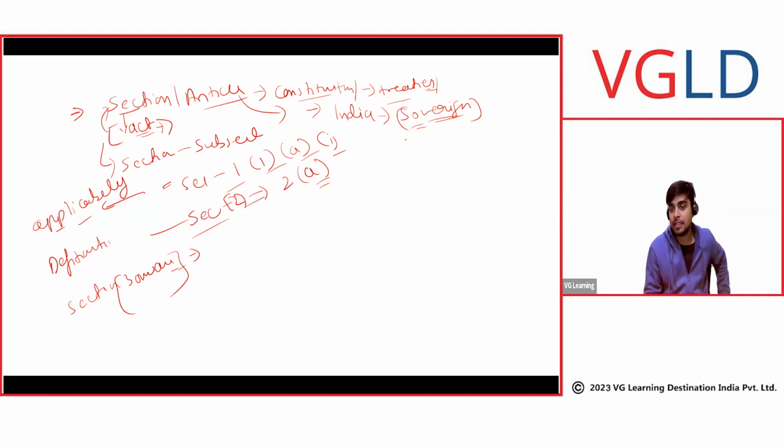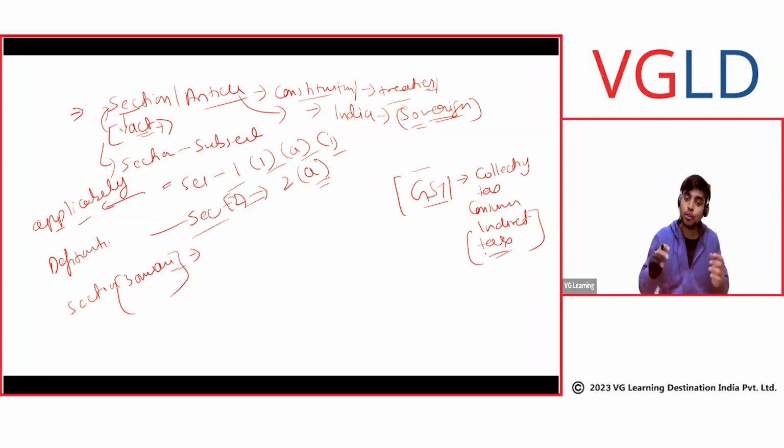Let me give an example of GST, the indirect tax. GST is an act which is applicable for collecting taxes on consumer goods. It's an indirect tax act. Those who don't know what direct and indirect tax are will understand when you cover your textbook chapter.